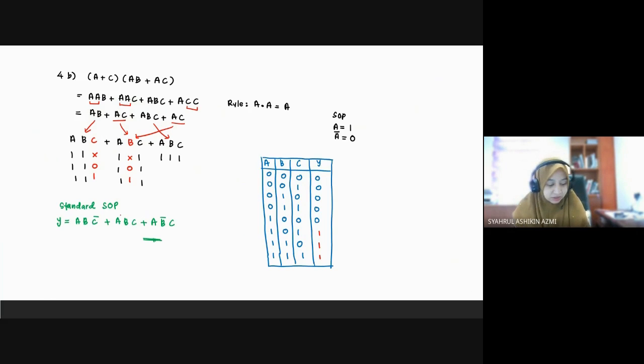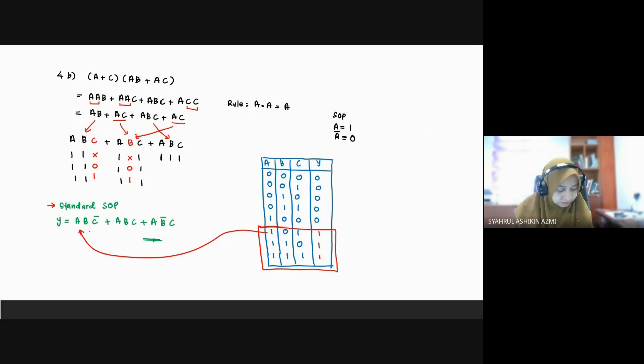Only consider, in writing up the standard SOP form, the input combinations with output of 1 only, which is the first one, 101, which is here. Okay, and then this is 101.